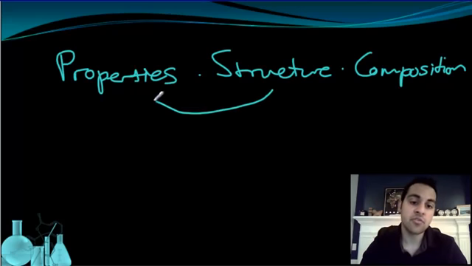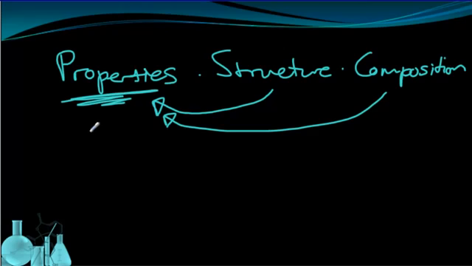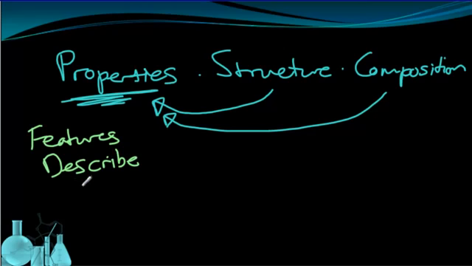And these two things are going to feed into properties. Our properties tell us a number of things, and properties are kind of the big deal here. They can tell us about the features of a substance. We can use them to describe matter.